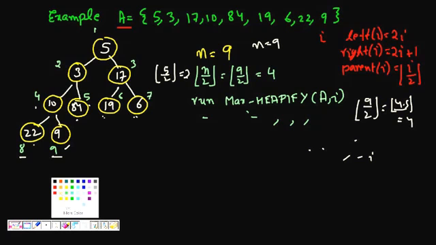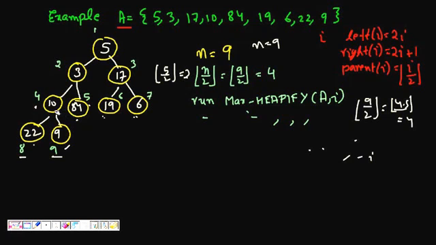What happens is we will start at this node. So node 4 has left child as 22 and right child 9. We see that the max heap property, that the parent's value should be greater than the child, is not satisfied.